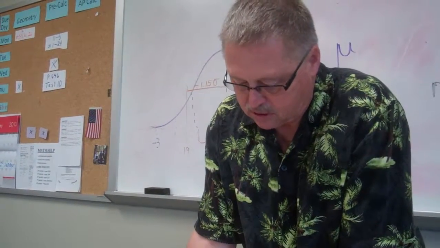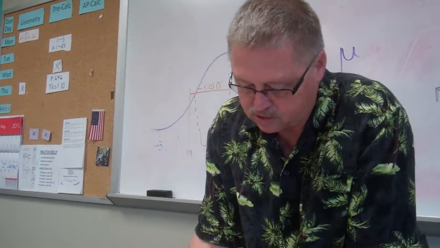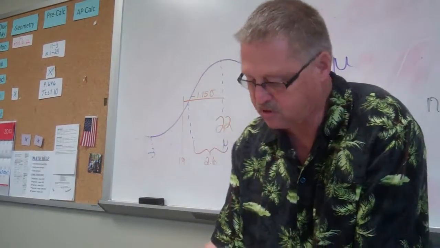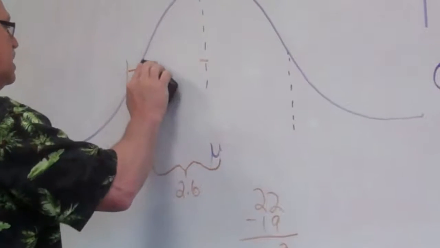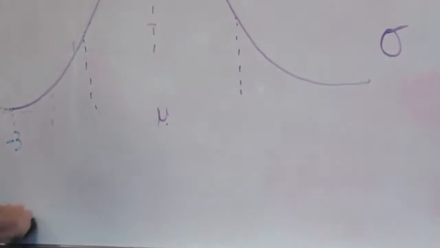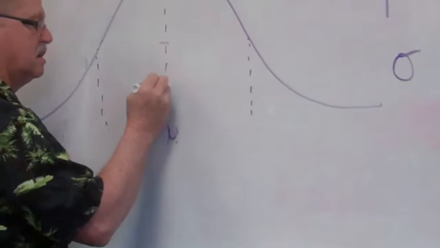Let's do another one like maybe 4, because in 4 they turned it around. In 4 they say the average is 64. Help me here, Mitch. They said the average is what, Mitch? 64.